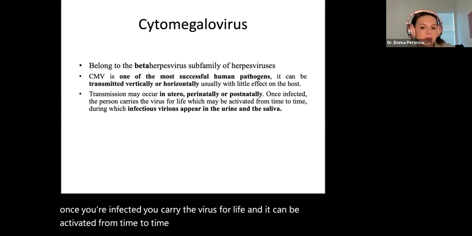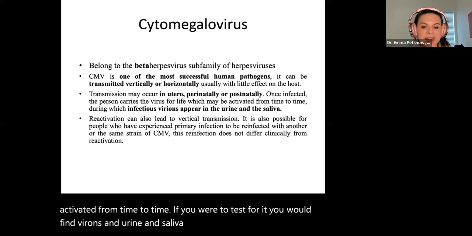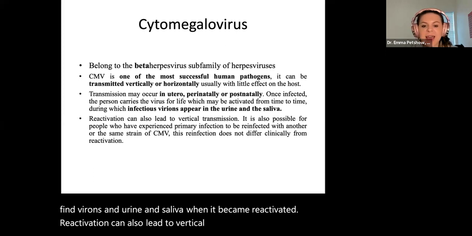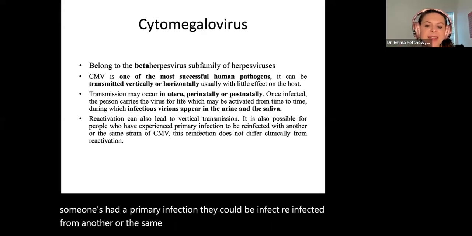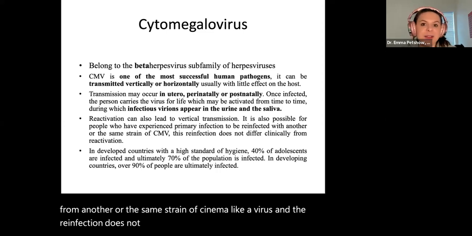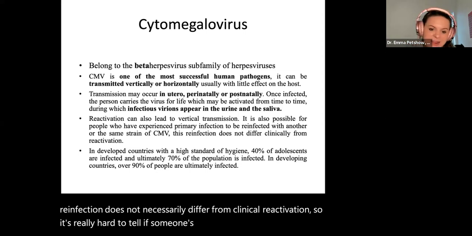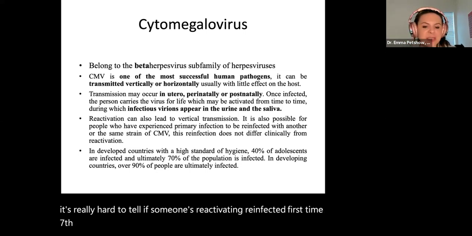If you were to test for it, you would find virions in urine and saliva when it became reactivated. Reactivation can also lead to vertical transmission, and if someone's had a primary infection, they could be reinfected from another or the same strain of cytomegalovirus. And the reinfection does not necessarily differ from clinical reactivation. So it's really hard to tell if someone's reactivating, reinfected, first time, 7th time. It can be challenging to note.